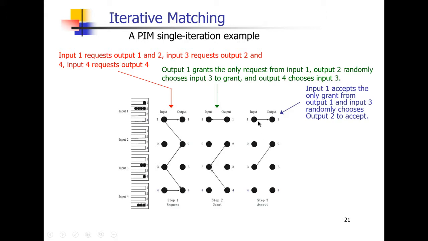And you are always guaranteed that this set is stable because of the way we selected the grant and accept phase. But this is only the end of the first iteration. At the end of the first iteration, you can see that one request from input 1 to output 1 has been satisfied, and one request from input 3 to output 2 has been satisfied.